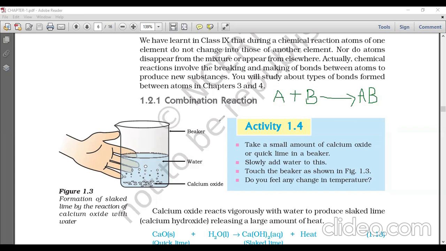This is the hint to remember the combination reaction. Or you may write it like this also: if I take 3 atoms, A plus B plus C, then the final product will be ABC. This is called a combination reaction.